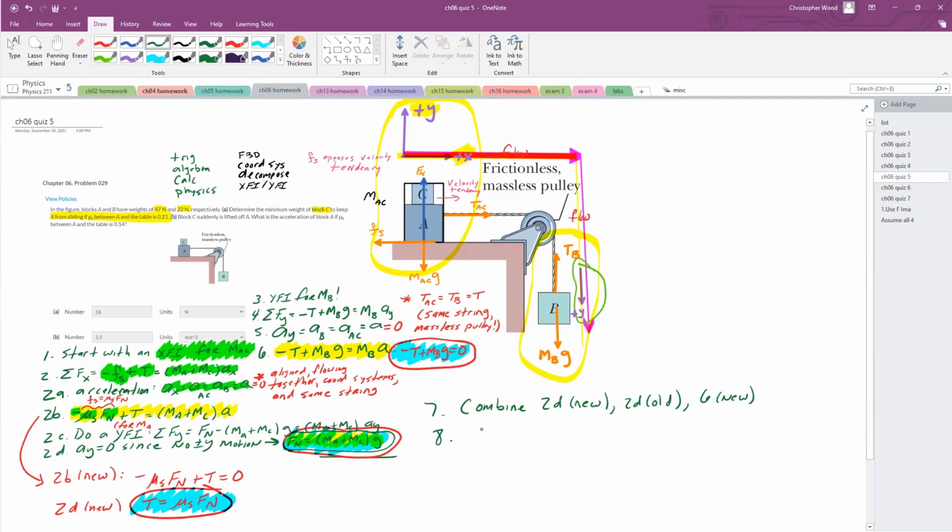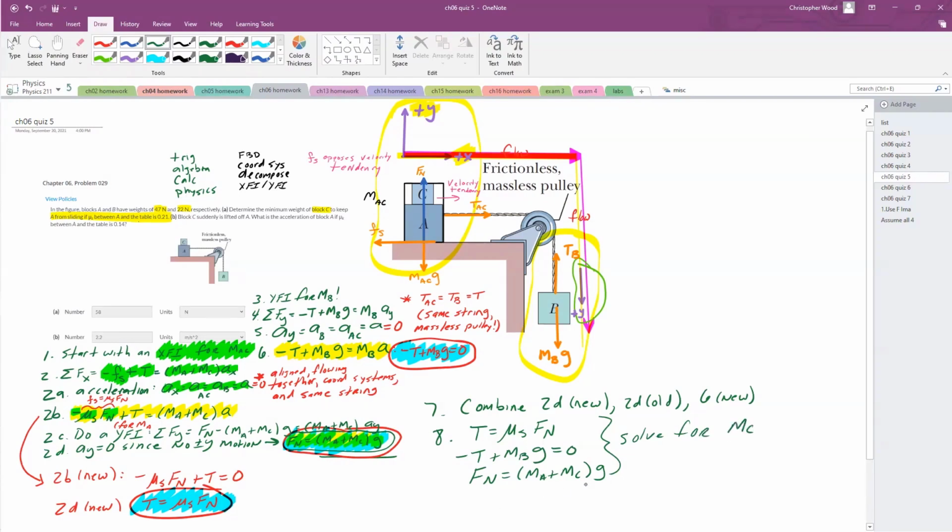So if I have T equals mu sub S F sub N, and I have minus T plus MBG equals 0, that's right, isn't it? I think so. And then if I have F sub n equals MA plus MC times G, now I think, unless I'm still making a mistake, which is possible, now solve for MC.